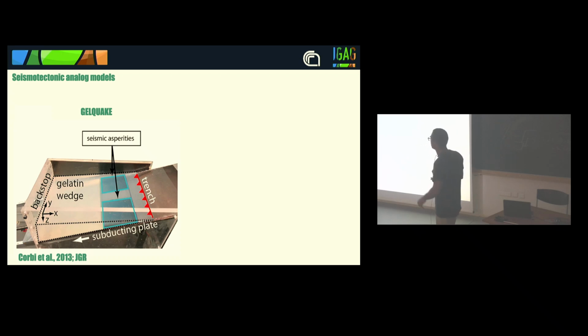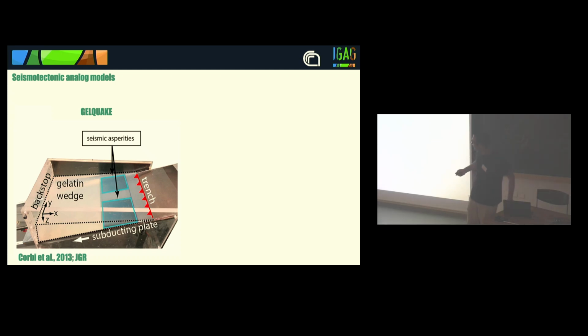In this particular case, the experiment includes two twin asperities with the same properties that are separated by gelatin that is touching a plastic sheet. So what we have here is that the depth range and the size of the two asperities is not subducting while the subducting plate is going down. I will show you a movie that shows this more precisely.